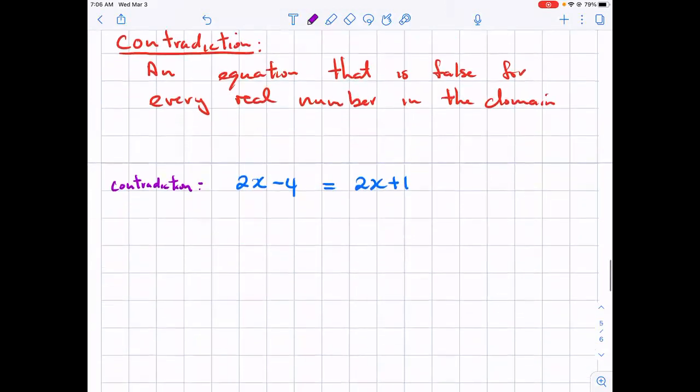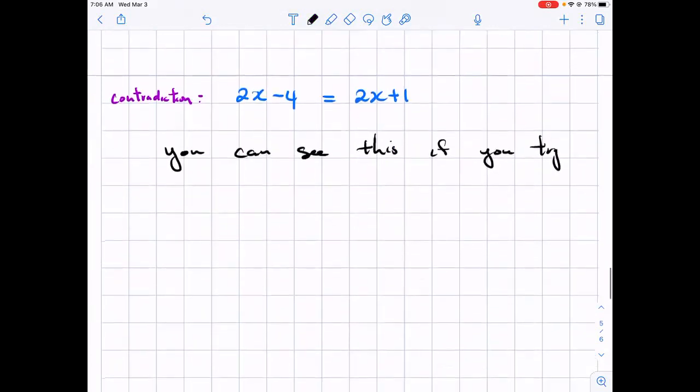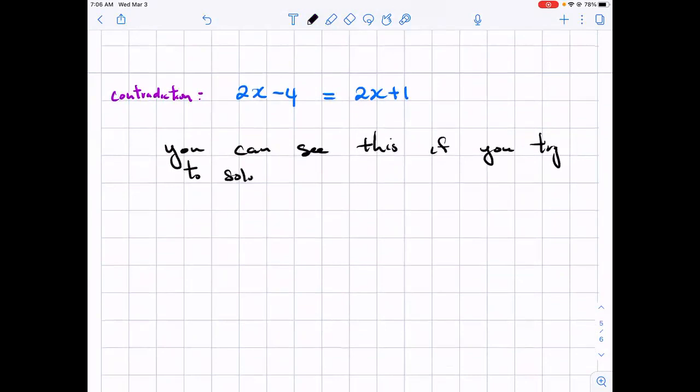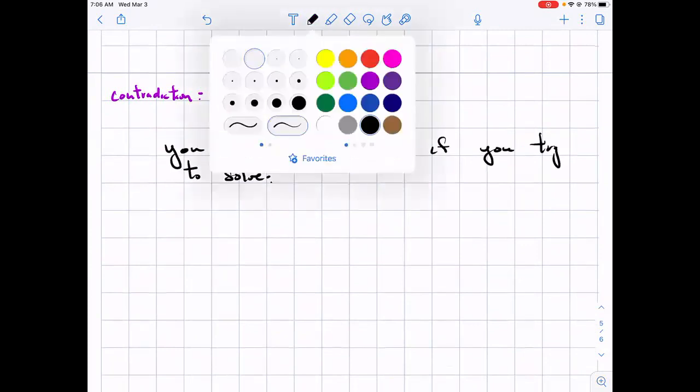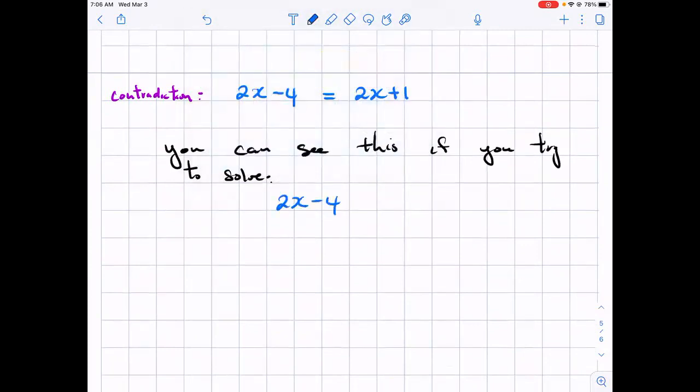And you can see this if you try to solve. If we have 2x minus 4 is equal to 2x plus 1, I generally just move my x's first. So if I minus 2x here, then I have the minus 2x there.